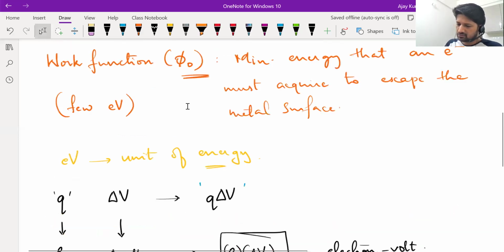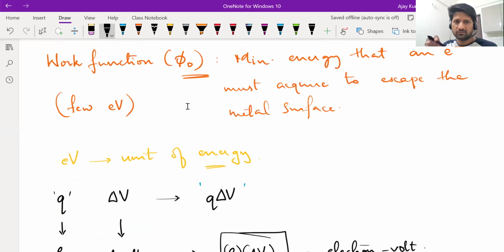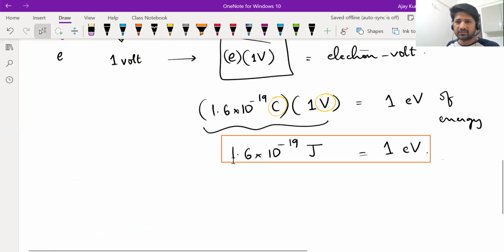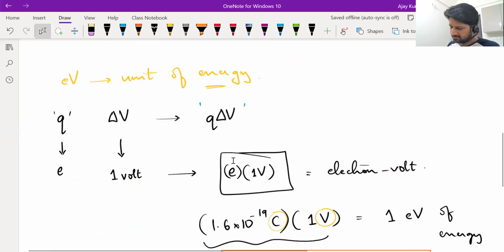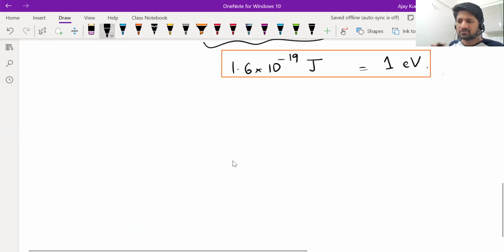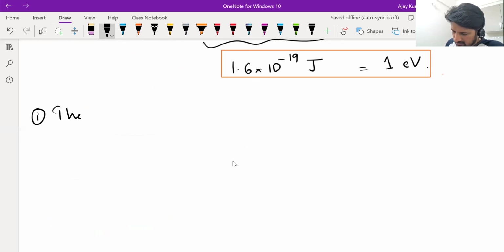Okay, so if you somehow supply this work function energy, the electron can escape from the metal surface, and there are three different ways to supply this energy. Three different ways by which electrons can be taken out from metal surfaces. Okay. The first one is thermionic emission.